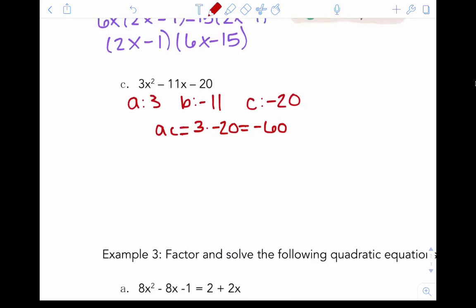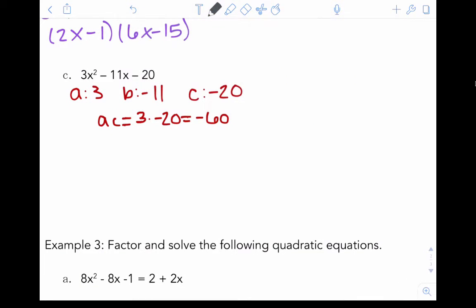So now as I go over here to work out my t-table, I need two numbers that multiply to negative 60. So I'm going to have a positive and a negative. And I need two numbers that add to negative 11. So if they add to a negative, then that means the larger one is going to be negative, and the smaller one will be the positive.